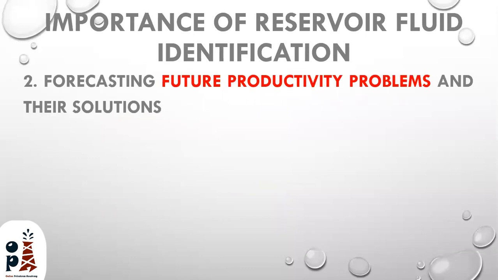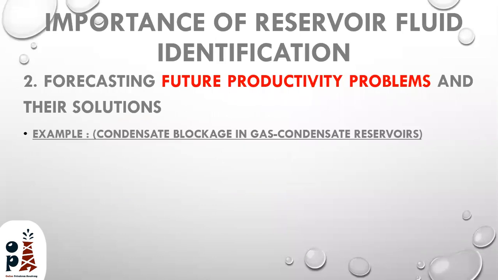Also, when we know our reservoir fluid, we can forecast or expect the future productivity problems. Like for a gas condensate reservoir, in some cases, a condensate ring is formed around the wellbore.